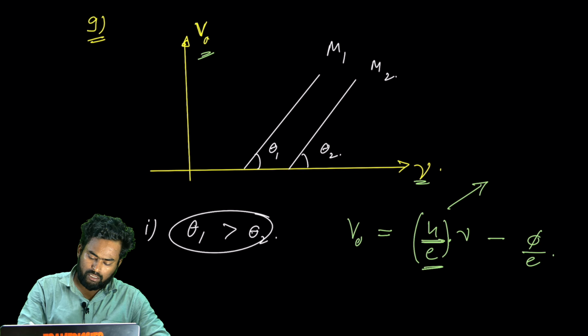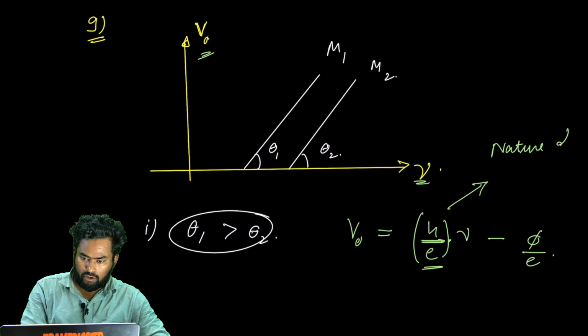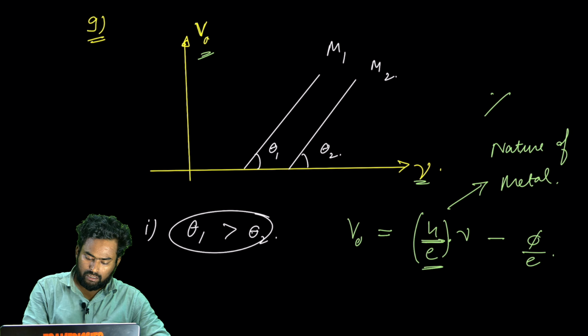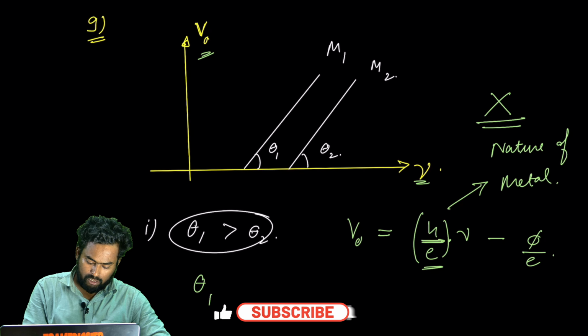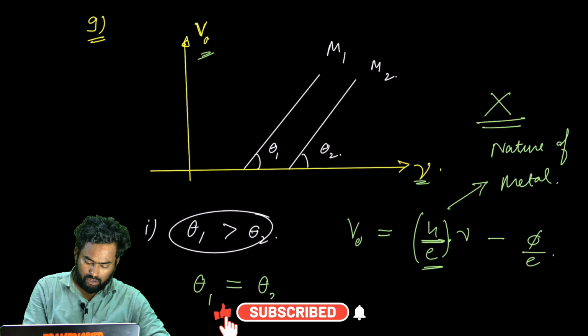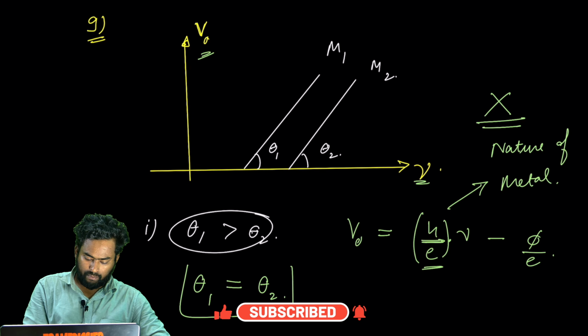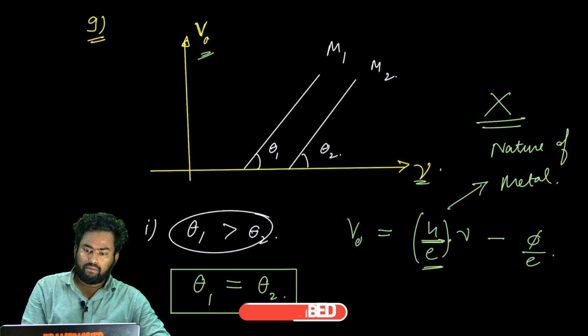So the slope does not depend on metals. Its slope h by e does not depend on the nature of the metal. So both the slopes are going to be parallel. So theta 1 must be equal to theta 2.